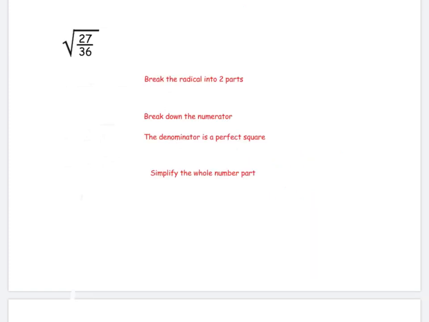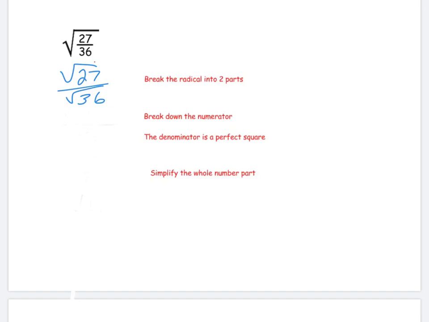And then let's take a look at one example with the fraction. Just like the property of power or quotient said, you can break this down into 2 square roots on top of each other. So it's the square root of 27 over the square root of 36. If we break down the numerator, we have the square root of 27.